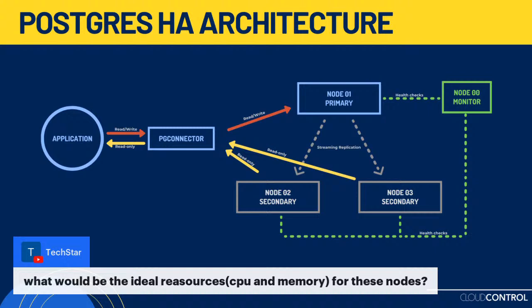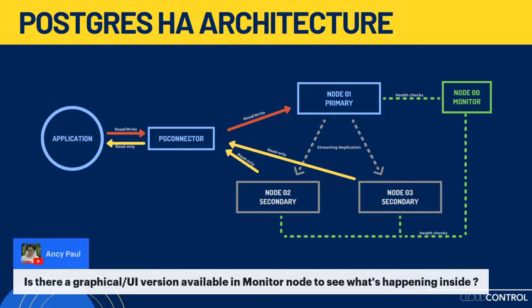One other question, and this will be the last one. This is about a graphical interface for the monitor. It looks like the monitor plays a key role, so how do you interact with the monitor, and what are the options available?